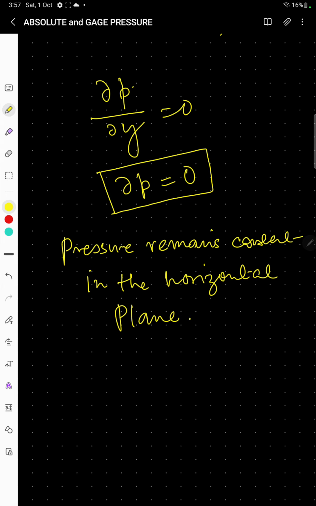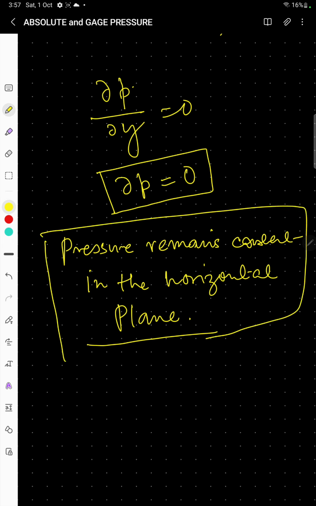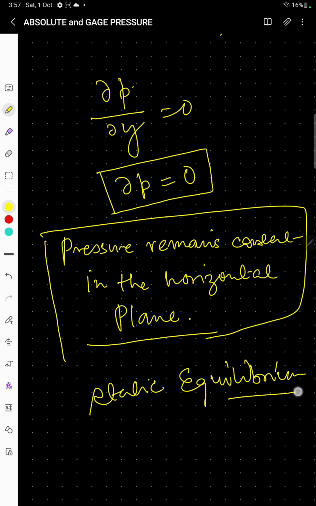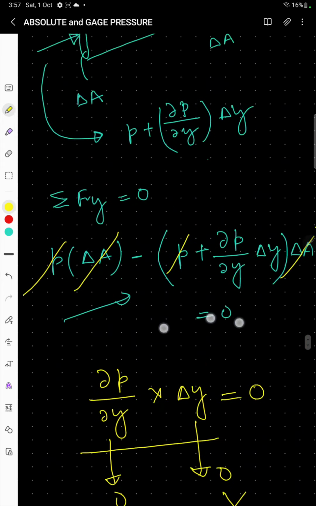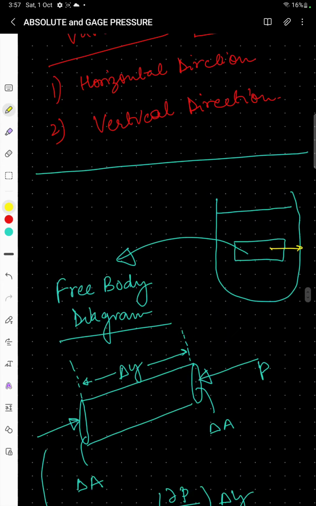In other words, an additional requirement is that this will hold only when your fluid is in static equilibrium. That you have to remember. So two things are done, like you are moving in the horizontal direction, so here or here.